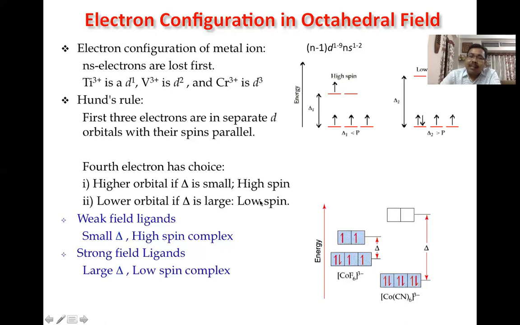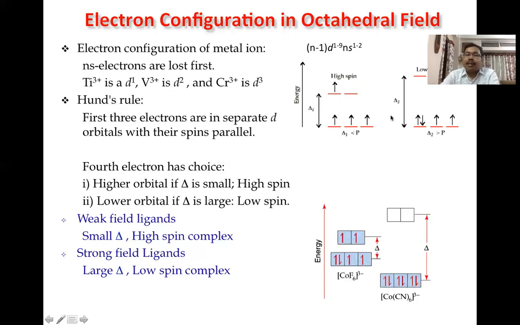On the other hand, if the crystal field splitting, that means the delta value, is very small, meaning the energy gap between these two sets of orbitals is very less, then the fourth electron will occupy a higher lying d orbital rather than pairing with a lower lying d orbital.